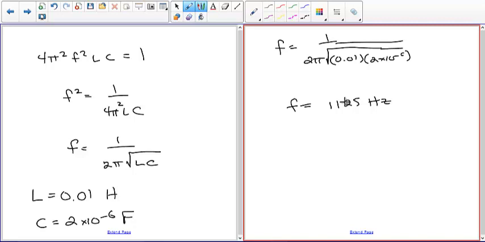At frequencies greater than 1125 hertz, the inductor starts to be the limiting factor, because as you oscillate more quickly, the rate of change in current is greater, and so the inductor is limiting it. But this particular frequency is the one that will give you the maximum output.